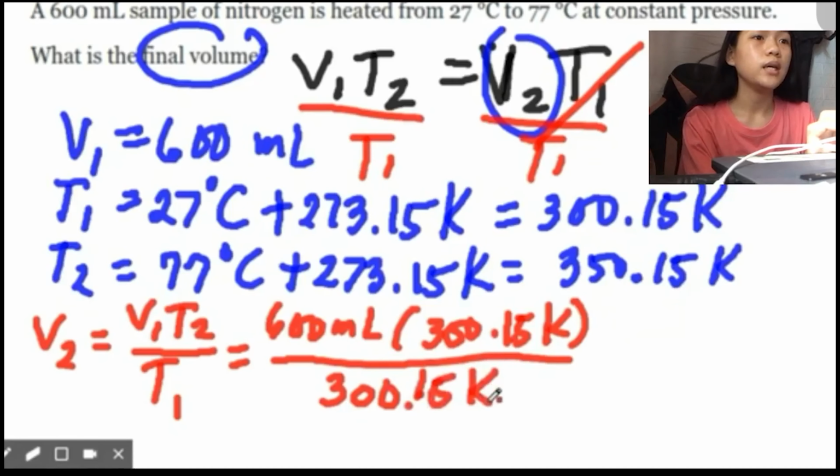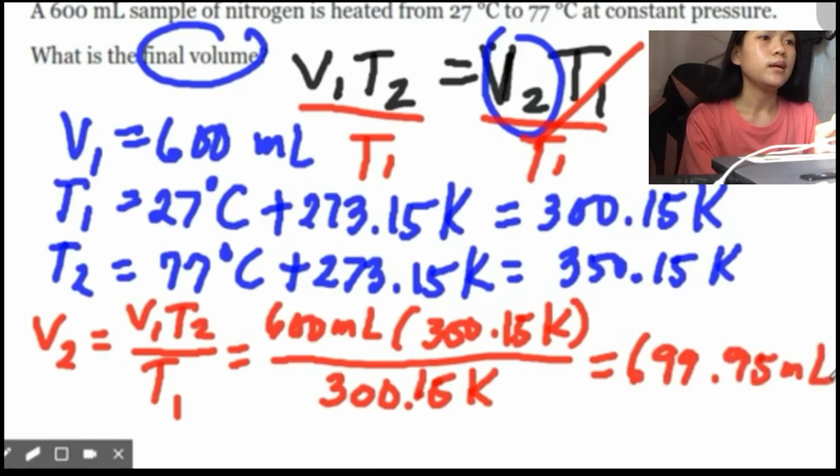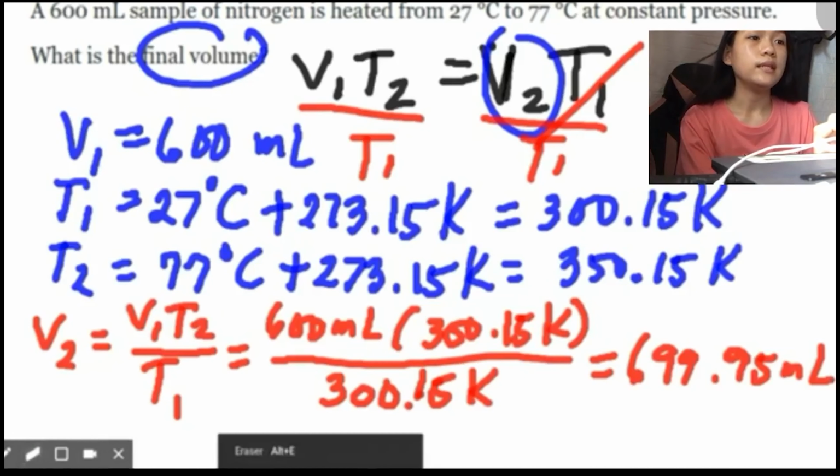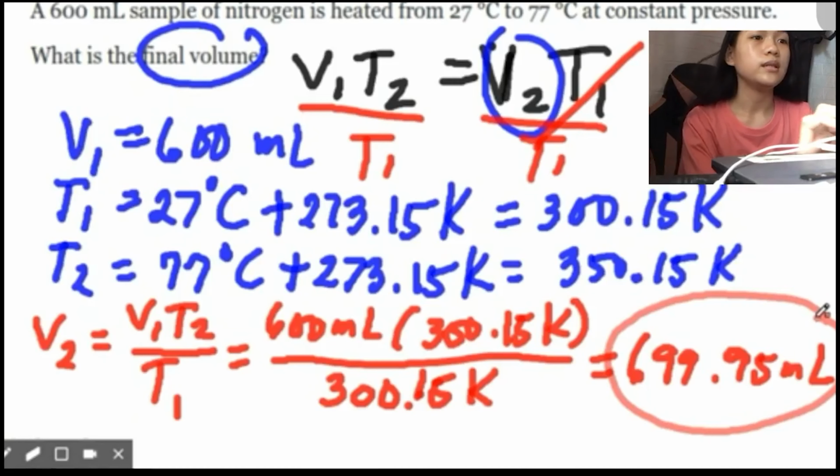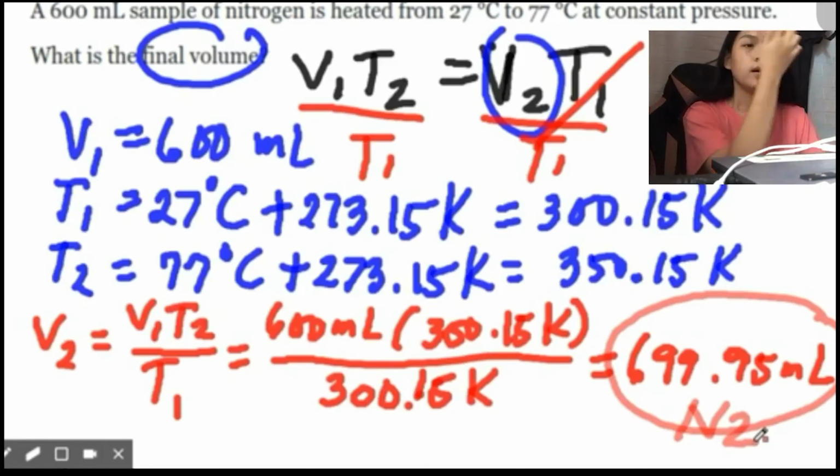Putting that in the calculator, you will get 699.95 ml, and this becomes our final answer. This is the final volume of your nitrogen gas, so we have to put the substance.